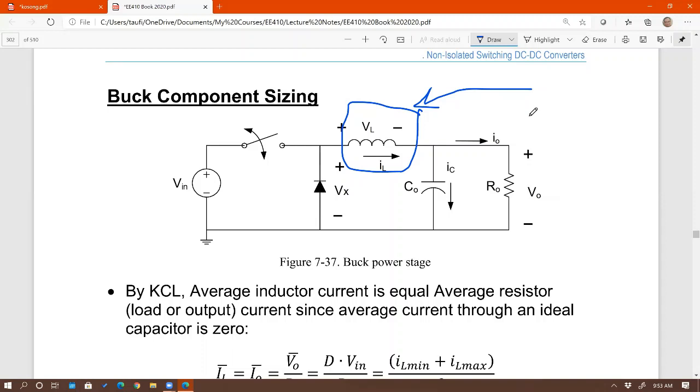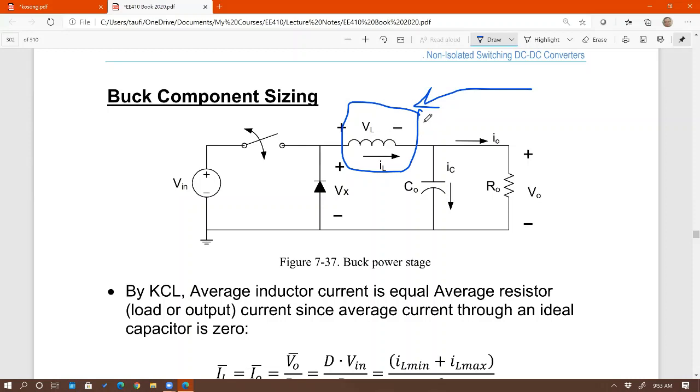Anybody? Come on. Input and output voltage? No. I'm saying, what parameters do you need to select an inductor? Maybe the question is wrong, sorry about that. When you select an inductor, eventually you're going to have to buy that inductor.